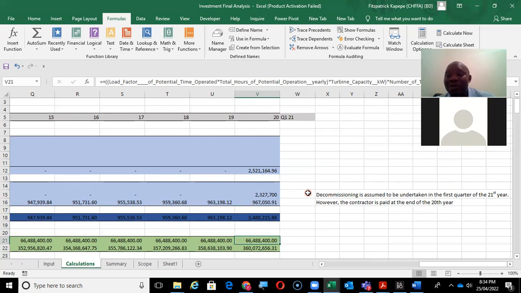However, at that time, we have provided, or we are going to pay the contractor at the end of the 20th year. However, the actual work of dismantling the turbines will start in the first quarter of the 21st year. Does it make sense? Yes, it does. Thank you. Sure.